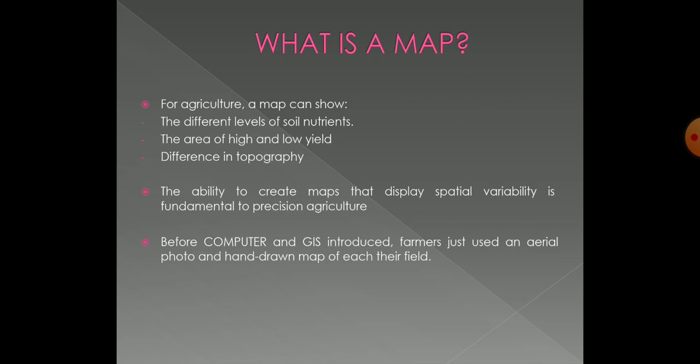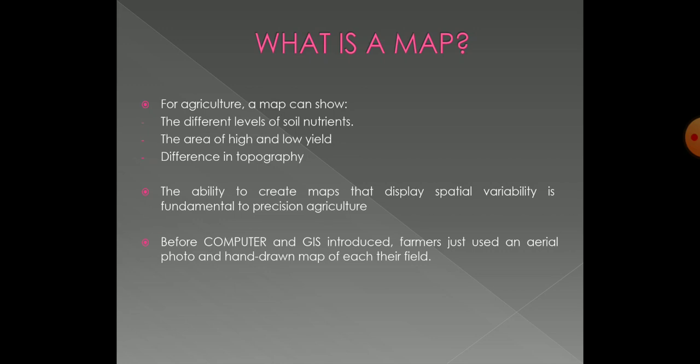A map can show the physical location of the object, but it is most valuable when it shows the spatial relationship between the objects. For example, if you have a yield map, why are certain areas in the map having high yield? What caused that?